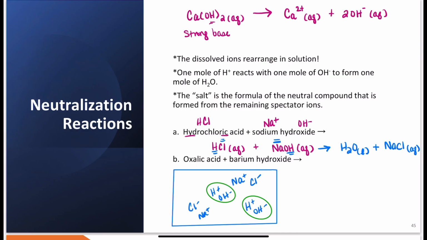So I have in this picture here two additional water molecules being formed. I say additional because, again, it's already in water. I'm just forming more of it. But let's say I heat this up and boil off all of the water. If there's no water present, then I will pull out solid NaCl.